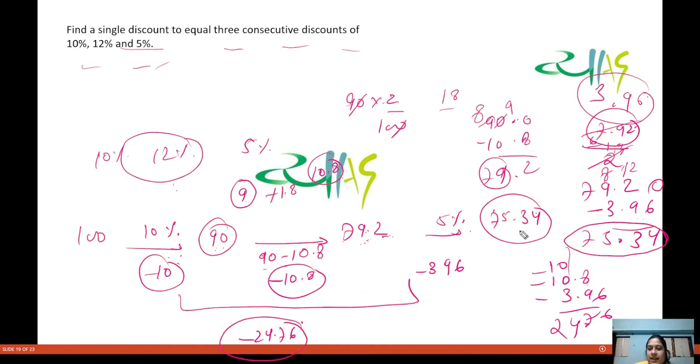Here also you can see the discount is 24.76 rupees, so the percentage discount is equal to this. Now if you add these directly, you will see this is a 27% discount, but we are not giving a 27% discount. We are giving a 24.76% discount. So I hope now everybody is clear with this thing.